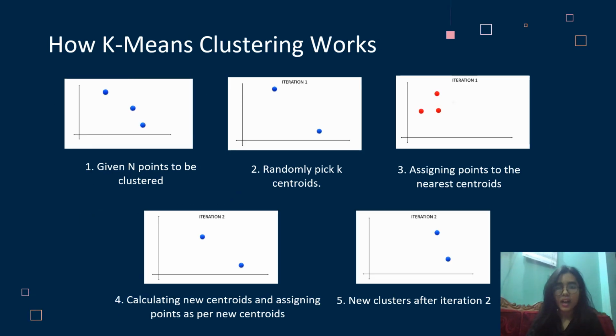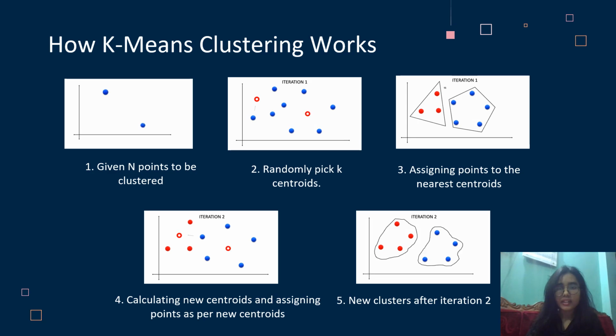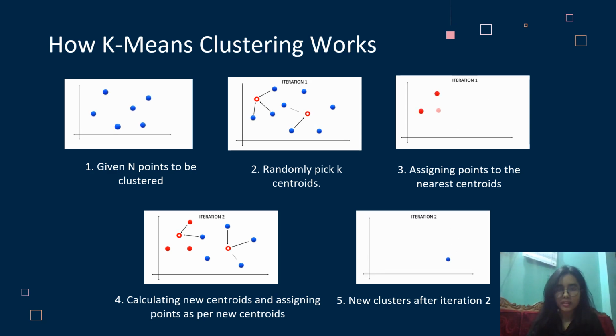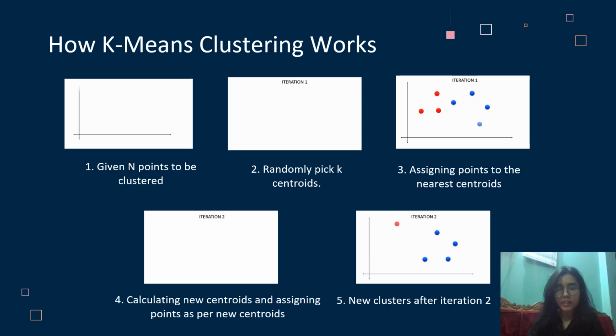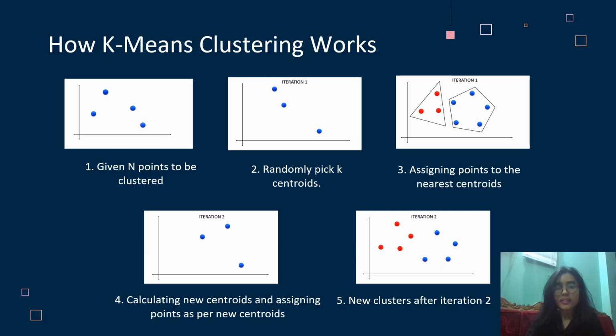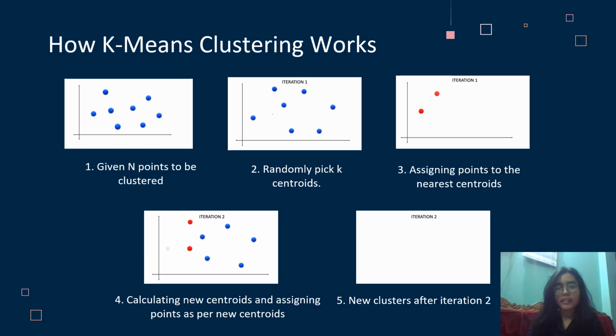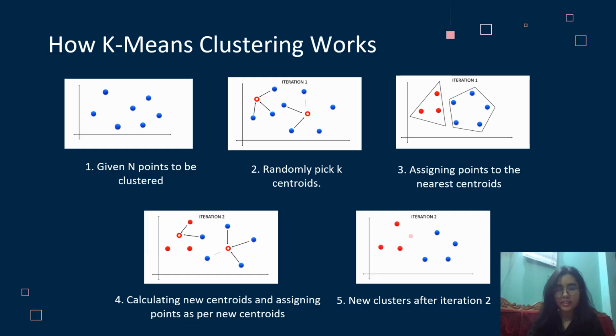Now let's see how the algorithm actually works. First, we take all the data points we want to cluster. Then we randomly pick K points as the starting centroids. Next, each data point is assigned to the nearest centroid.